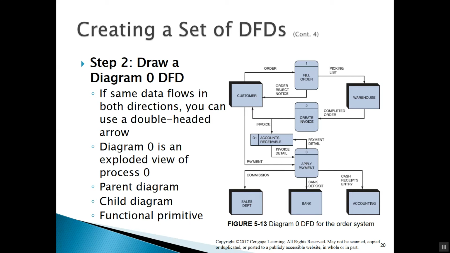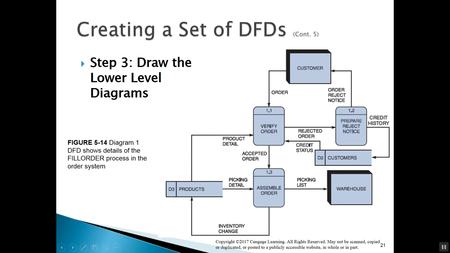Okay? Now, just like the processes had a unique identifier, the data stores do as well. So the processes are labeled 1, 2, 3, and the data store is D1, and if we had others, D2, D3, D4. Okay, so we see them here.